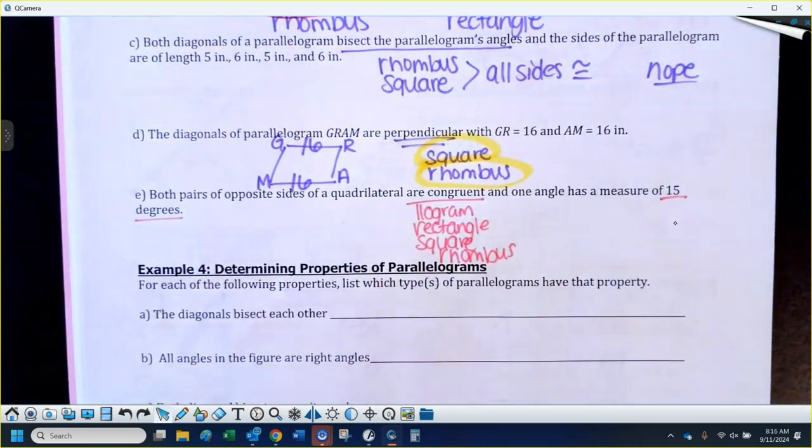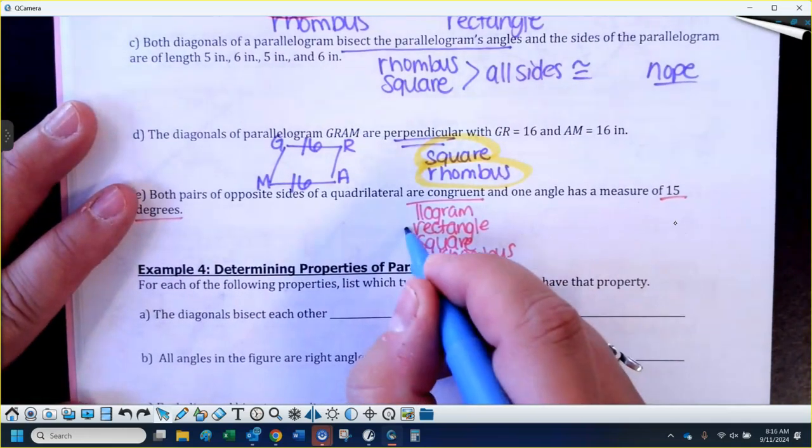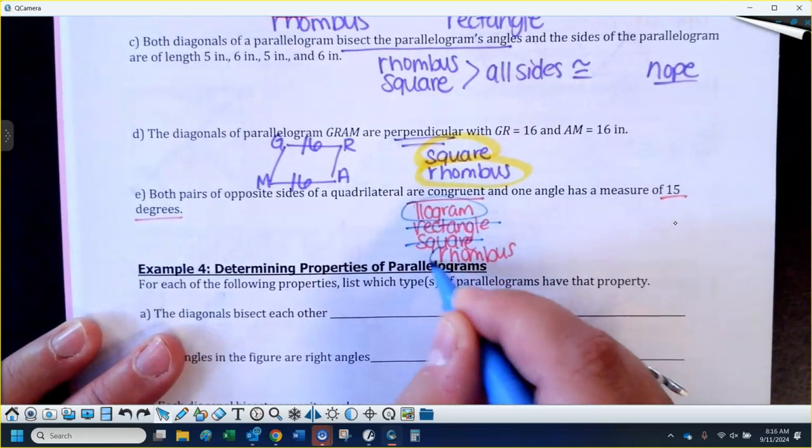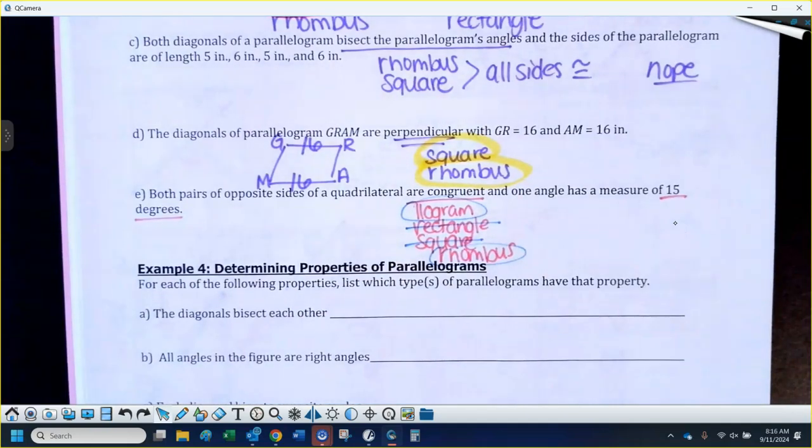Okay, so if one of the angles measures 15 degrees, the rectangle and the square would both be out because their angles have to be 90. But I would tell you the parallelogram or the rhombus, either one of those could fit your definition there. So opposite sides congruent, one angle is 15, it just can't be a square or rectangle.